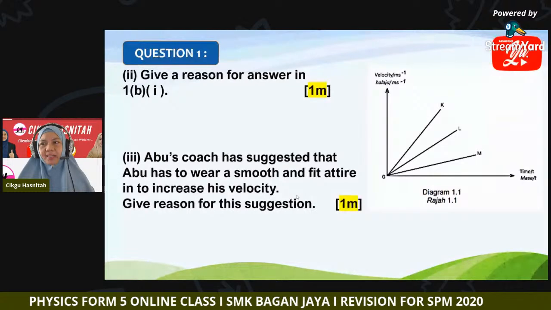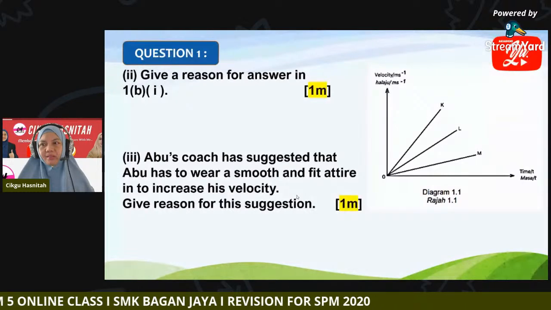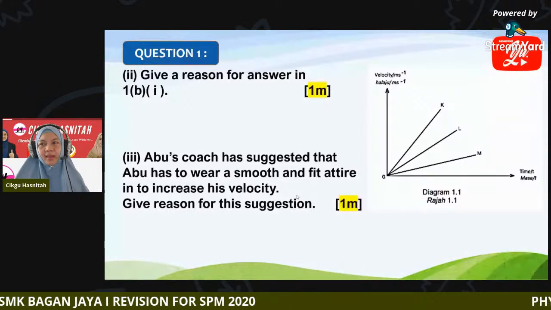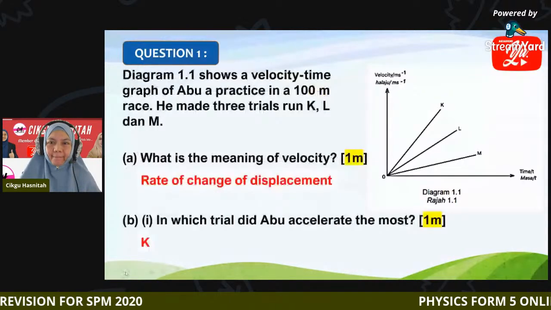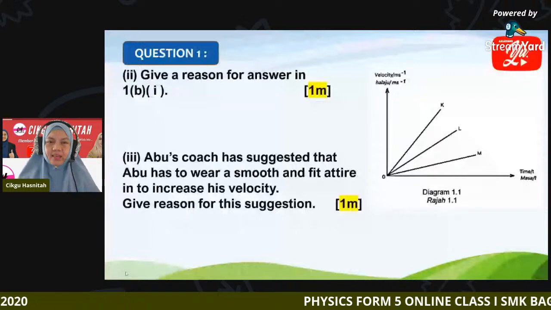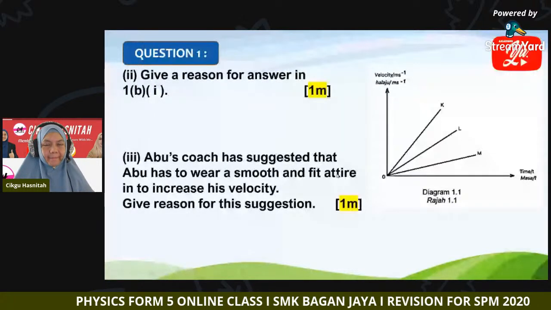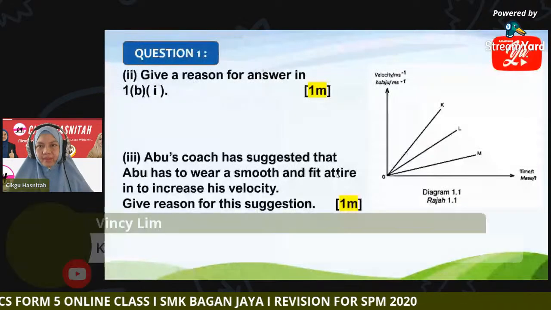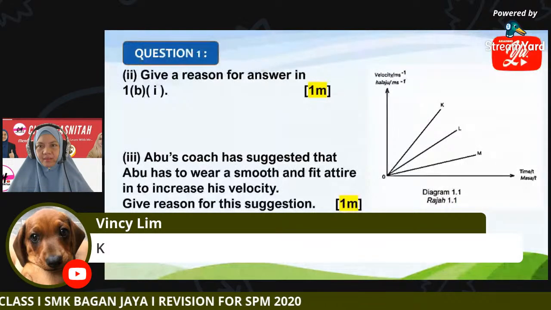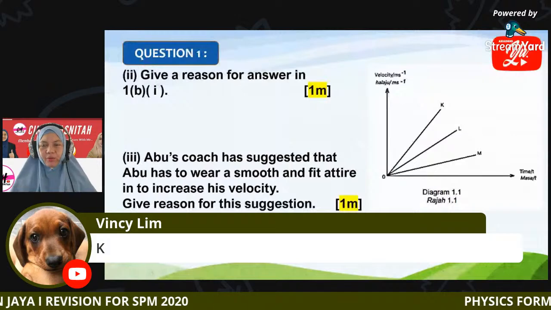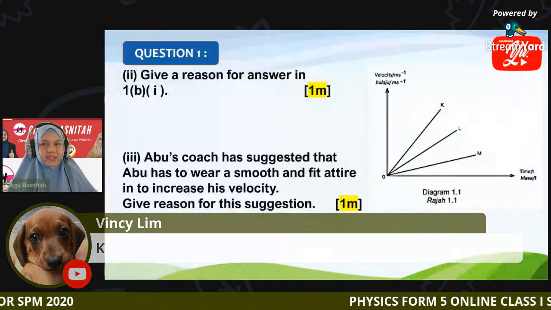Why do you say he accelerates the most at trial K? K is the highest acceleration. Why do you say that? Vinci, why do you say it's K? Hui Liang, Dylan, or Jinjie?